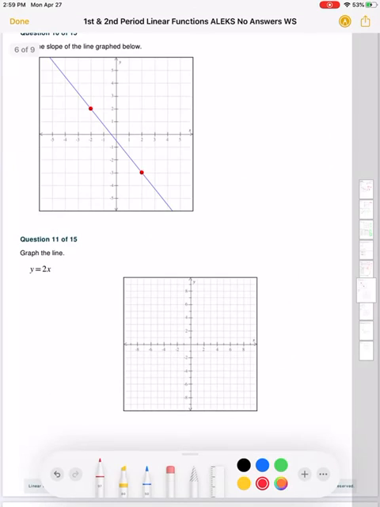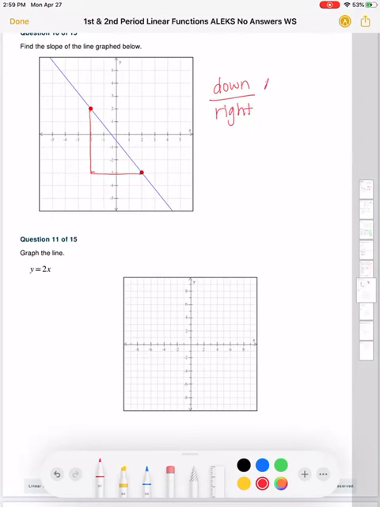All right, moving on to the next page. It says, determine the slope. This is probably the easiest question on here. You're going to count how many boxes did I go down? How many boxes did I go to the right? And you're going to put your down over your right.